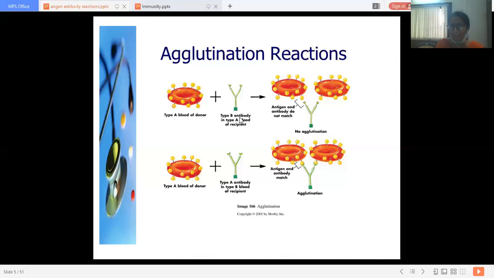If this B antibody is present on the surface of the RBCs of the A recipient, then there will be no clumping. With the type A blood donor, the type A antibody should be there, so there is clumping. So agglutination reaction happens over there. This is the example of agglutination reaction.